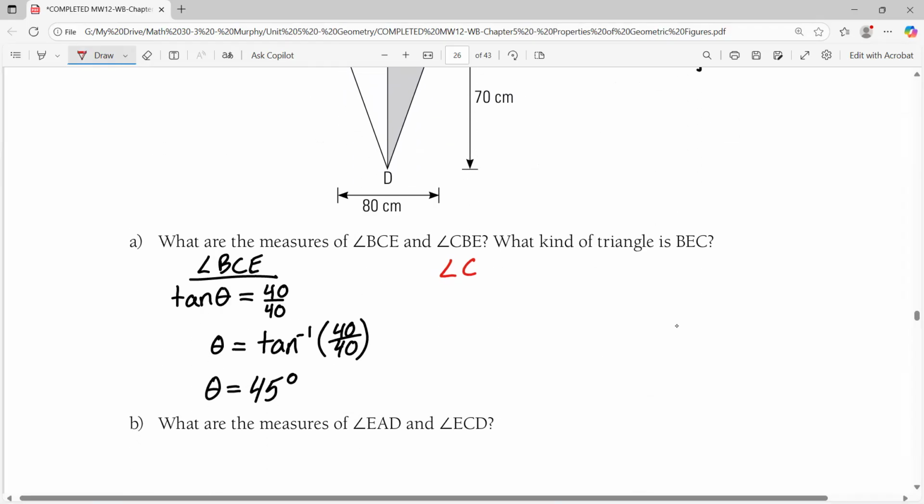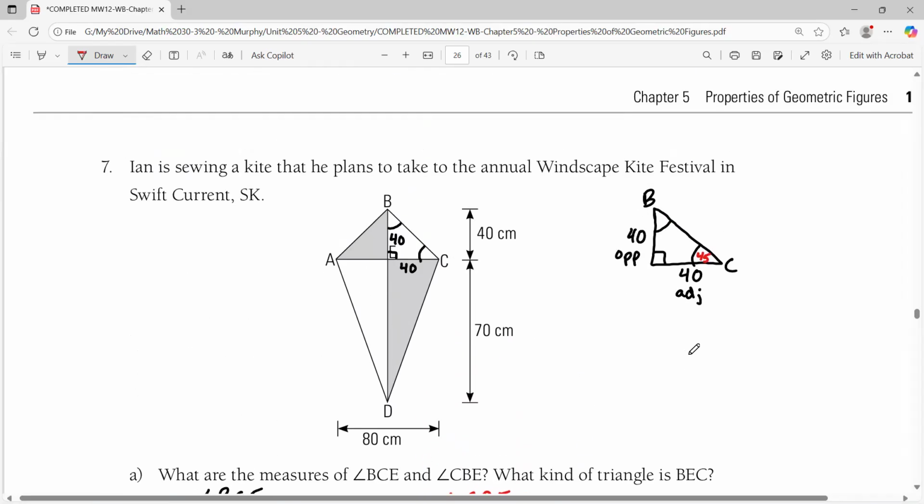So angle CBE, 180 minus 90 minus 45. It is also 45. And then it asks what kind of triangle is BEC. So this one right here. Okay, well, first of all, by angle, it's a right angle.